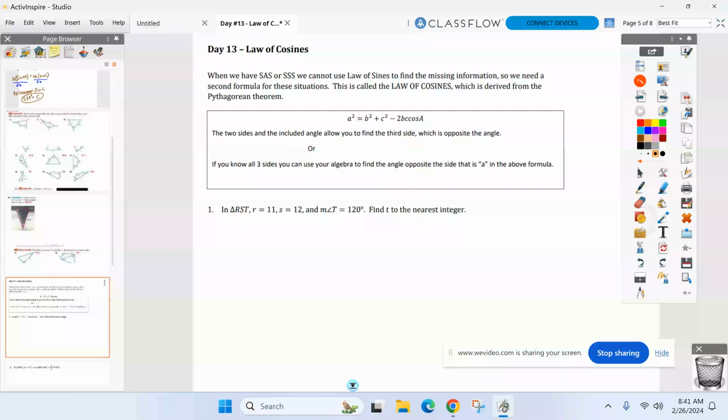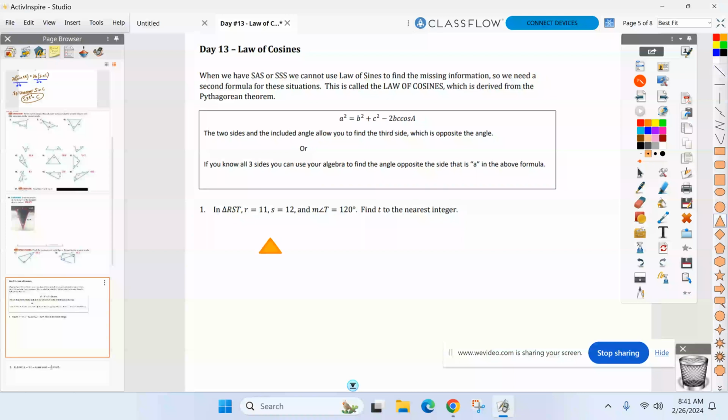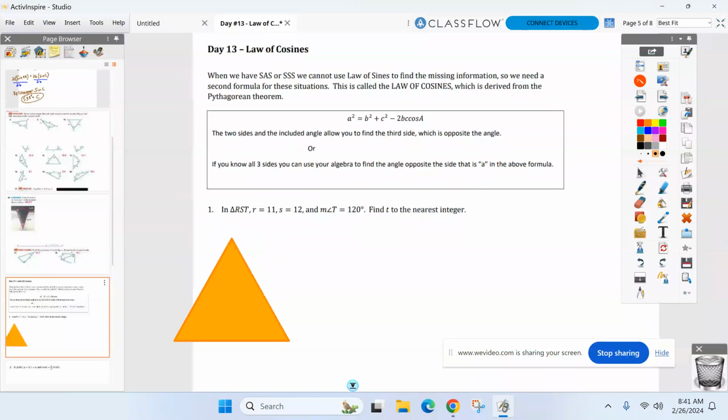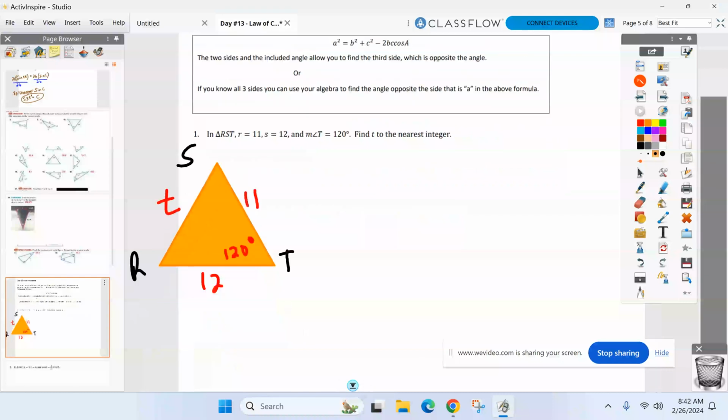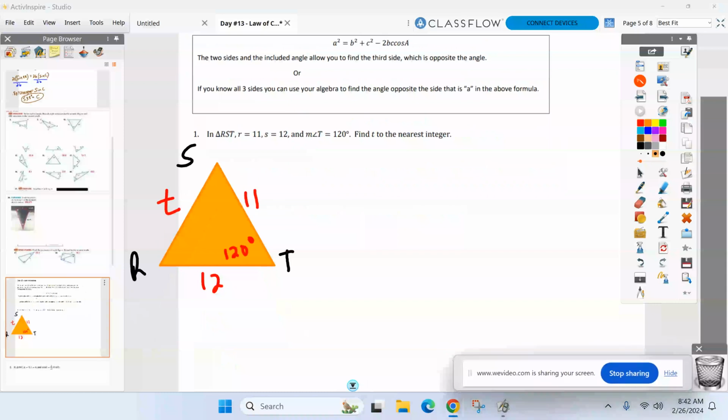I'll do the same thing with you guys. Okay, got the diagram all good?